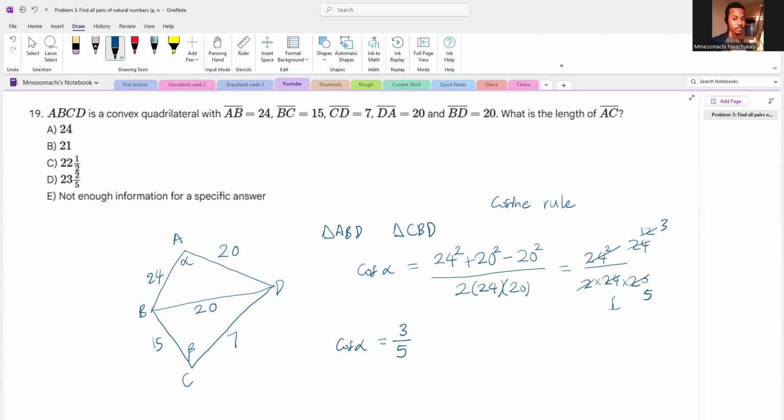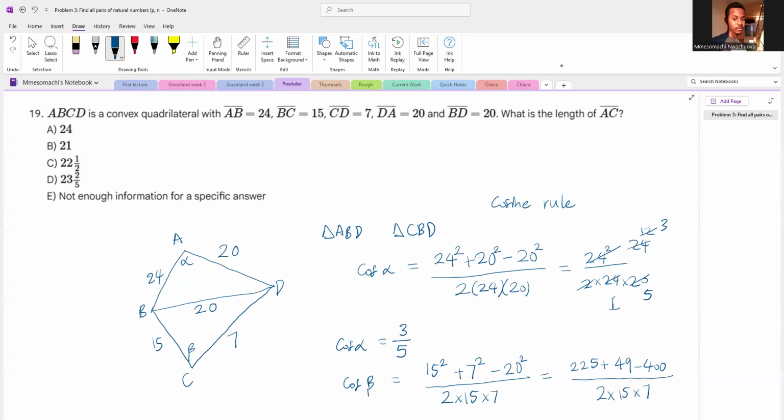And then cosine beta, by cosine rule, is going to be equal to 15 squared plus 7 squared minus 20 squared all over 2 times 15 times 7. So this equals 225 plus 49 minus 400 all over 2 times 15 times 7.